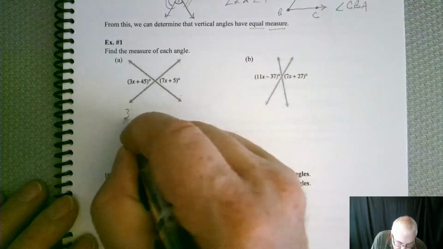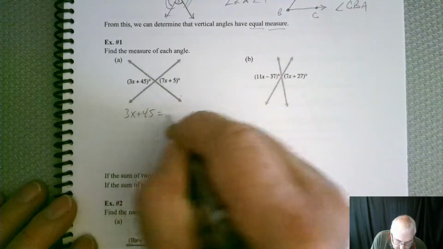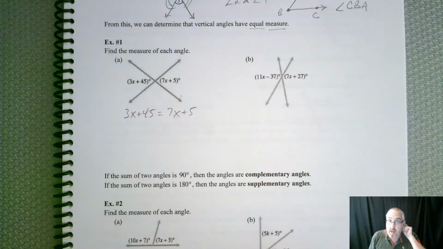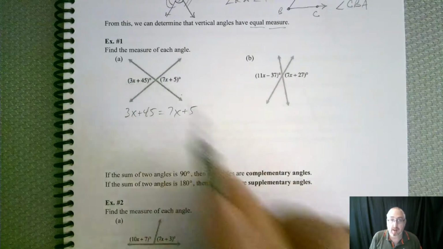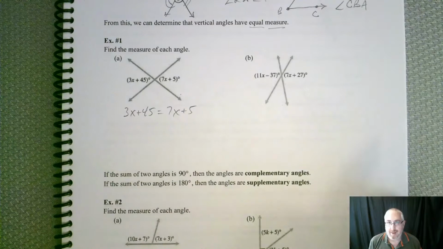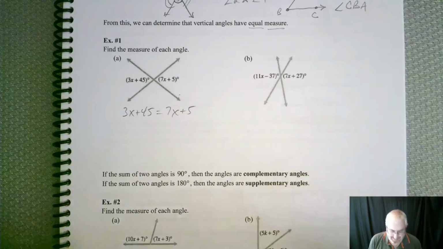So if we said that 3x plus 45 is equal to 7x plus 5, that should be a true statement because they are equal. They're vertical. So how do we solve this again? Didn't we just do this?